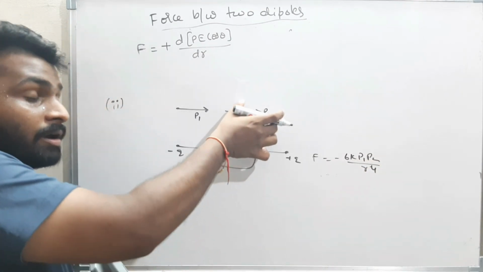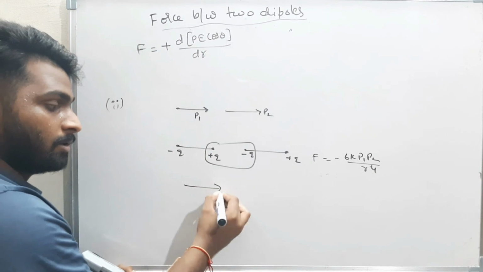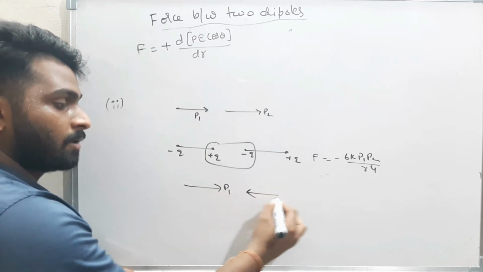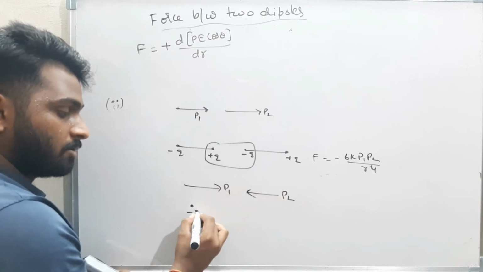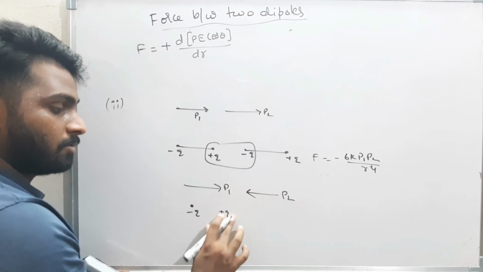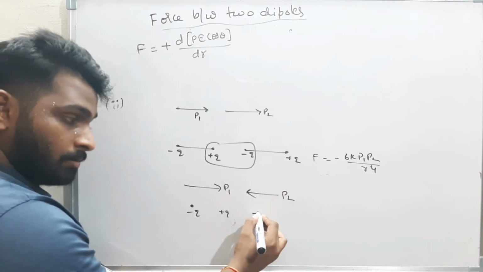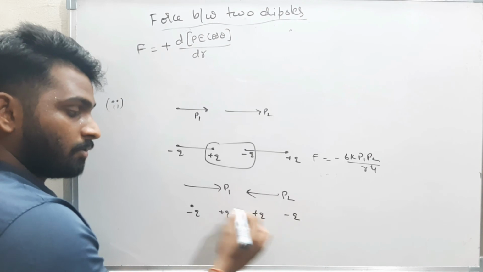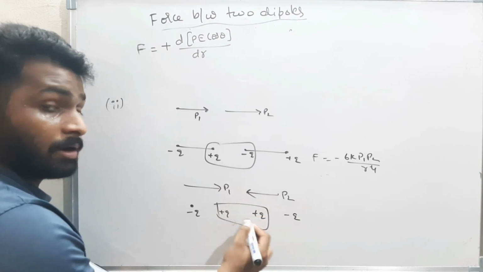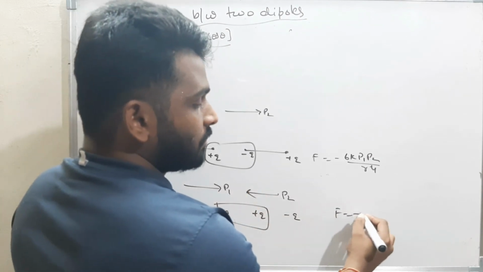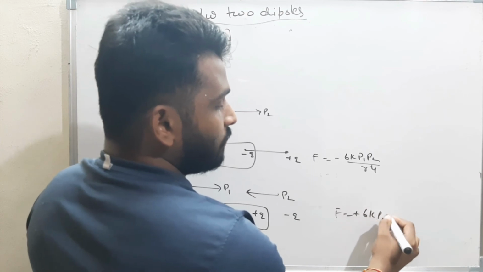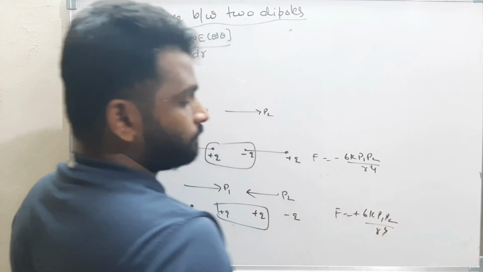Now, if one of the dipoles is reversed, like this P1 and this P2, minus q plus q here and plus q minus q here, plus and plus, what will happen? They will repel. Therefore, the force is plus 6k P1 P2 by r to the power 4.